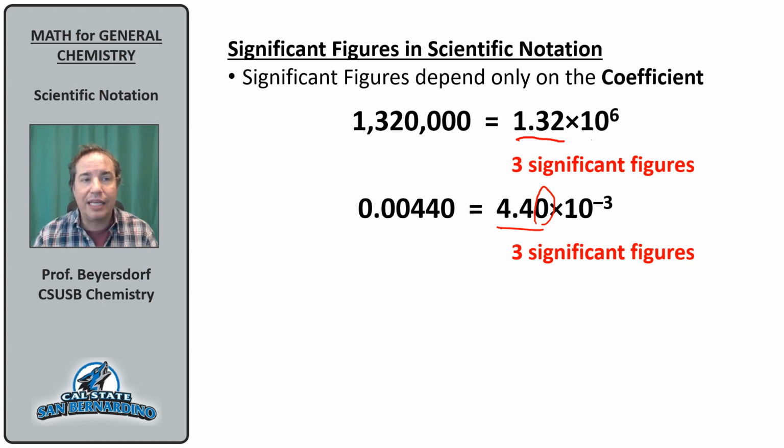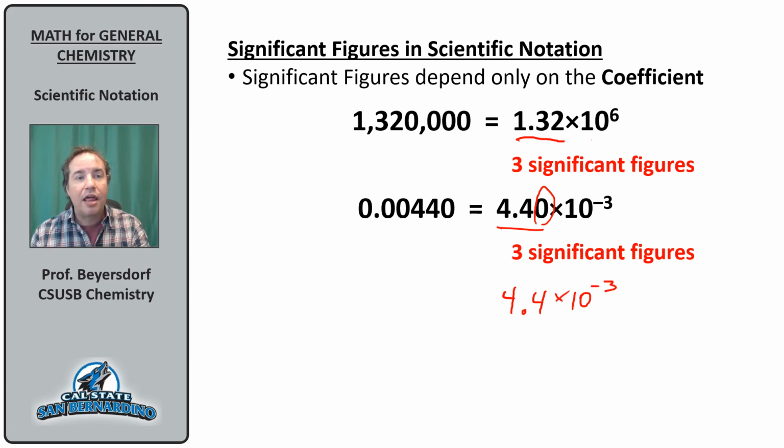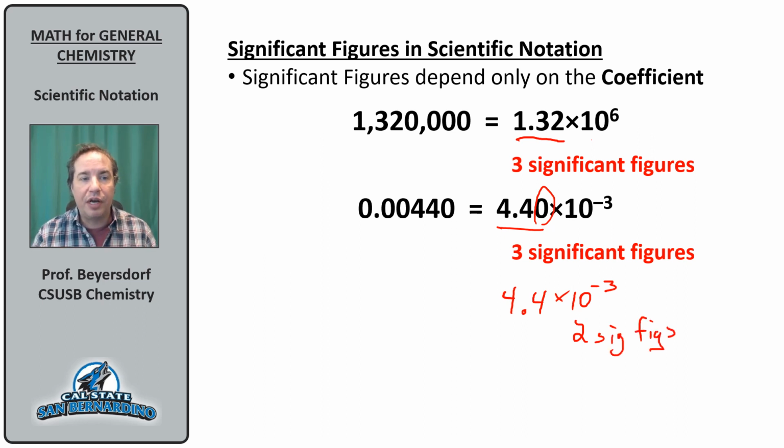Let's say I wanted to write this with only 2 significant figures. Well, I would write it as 4.4 times 10 to the -3. Notice the exponent doesn't change. I just changed the number of digits in the coefficient. So that has 2 sig figs. If, let's say, I wanted to write it with 4, I would add on another digit to that coefficient. This would have 4 significant figures.